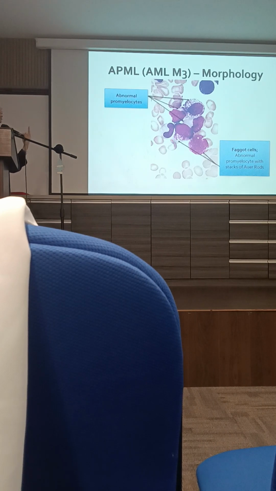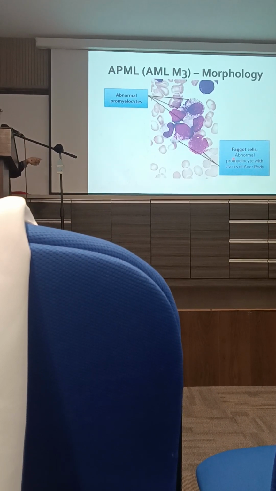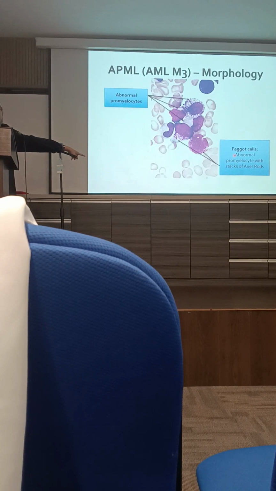Alright. So one of the morphological features of this leukemia is the presence of what we call faggot cells. Okay, the name is not my choice, it's already there. Faggot cells. These are abnormal promyelocytes with stacks of Auer rods. Remember the Auer rods earlier, which looked like crystallized granules?